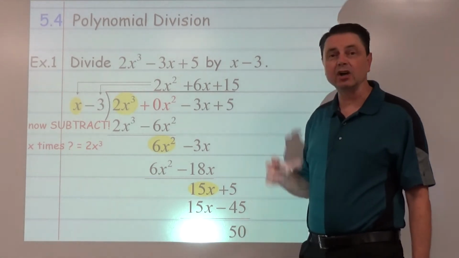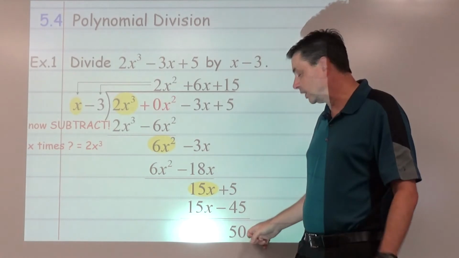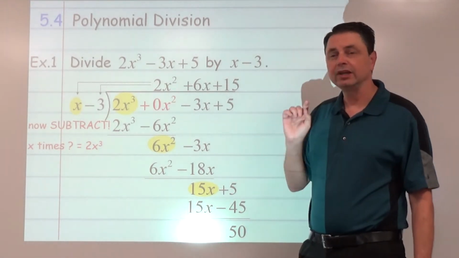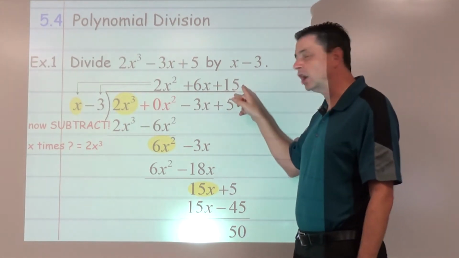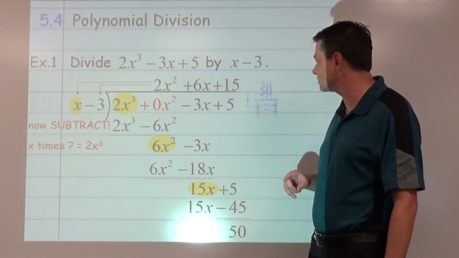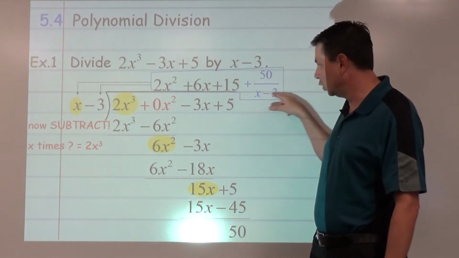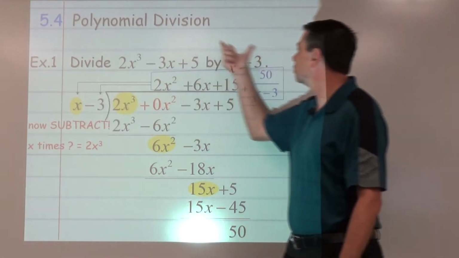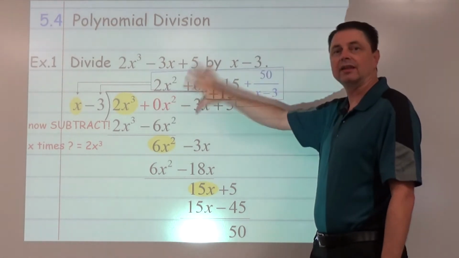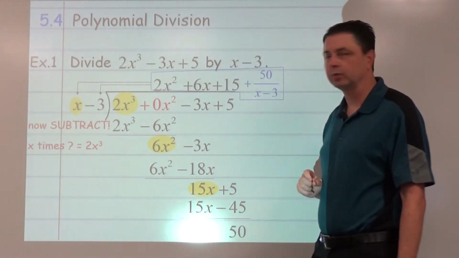Since we got a remainder, how do we write that? We're going to write it as a fraction. You must, though, have an operation sign after this. Since this is positive, we're going to put plus 50 over the divisor, what we were dividing by. And that's our quotient. That's our answer to this division problem.